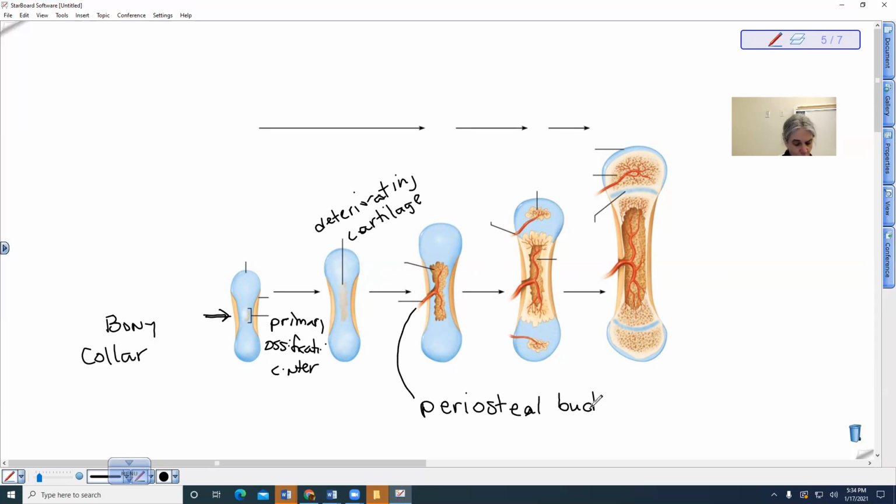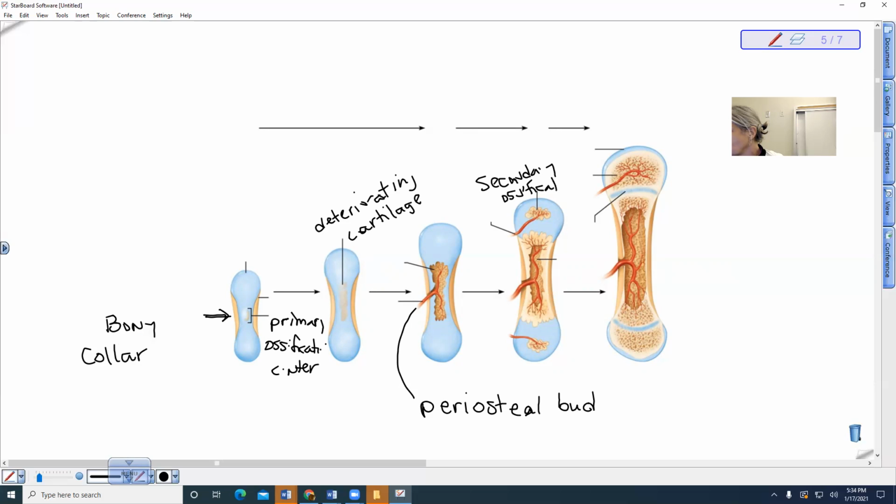Okay. We have a secondary ossification center that is at the end. So this is my secondary ossification center. And those cells, osteocytes or osteoblasts, start to lay down that matrix.